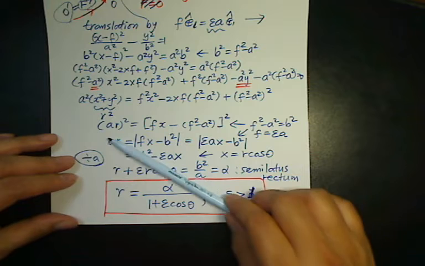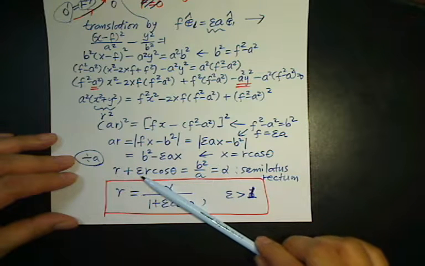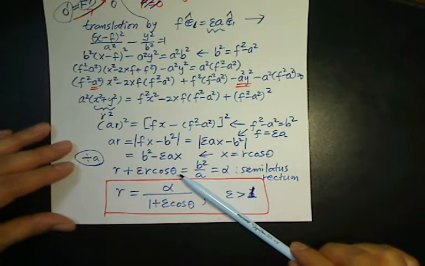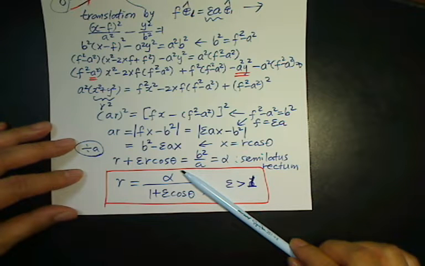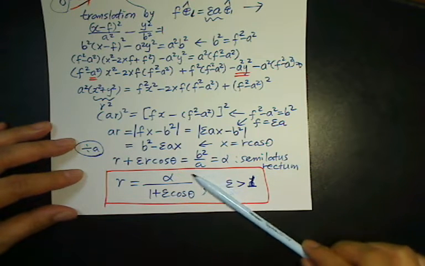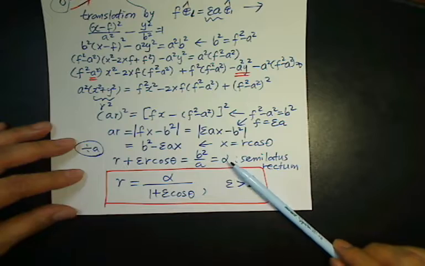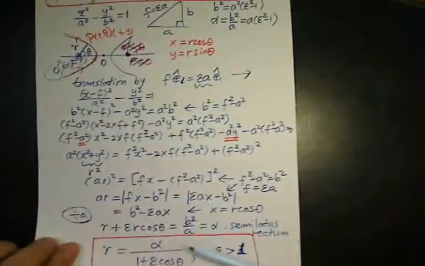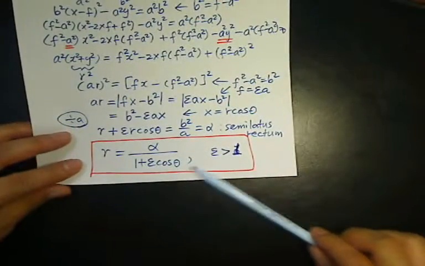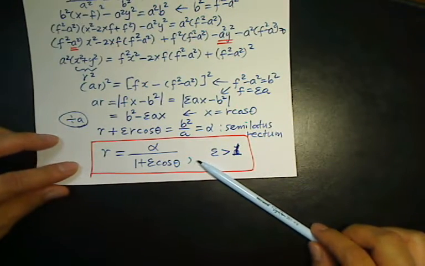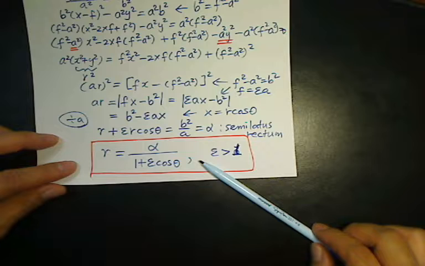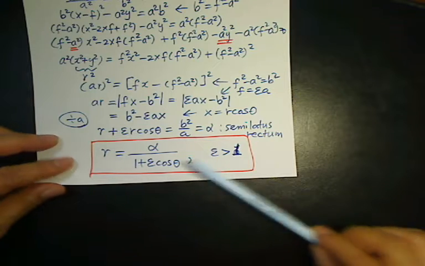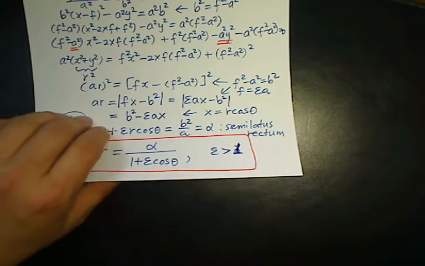Divide both sides by a, then r equals epsilon r cosine theta, right? And then b squared over a, that is the semi-latus rectum alpha. Therefore, in this hyperbolic case, we also have exactly the same parametric form, r equals alpha over 1 plus epsilon cosine theta, where epsilon is greater than 1.